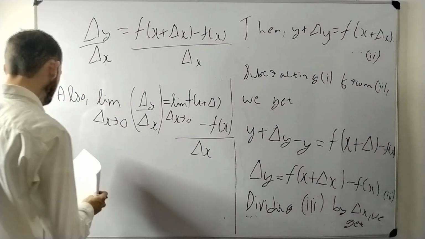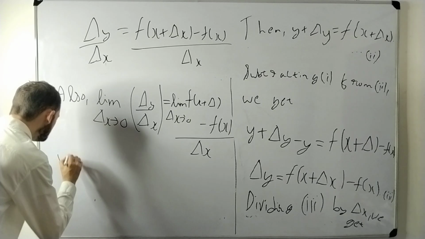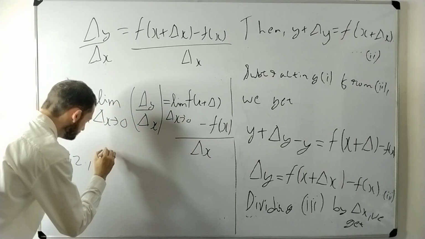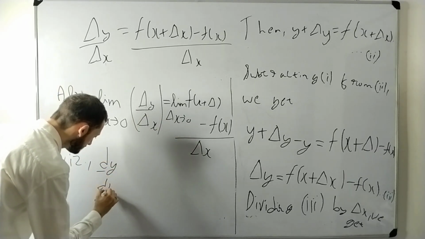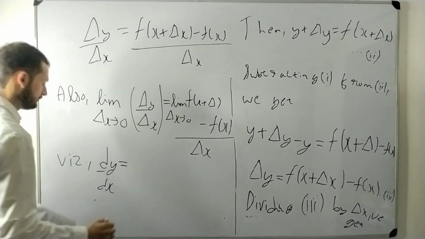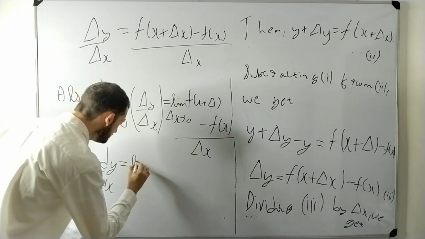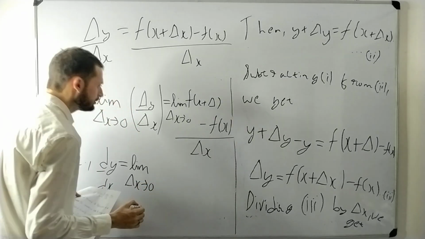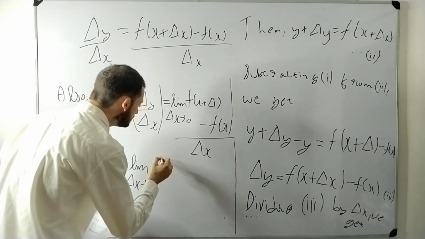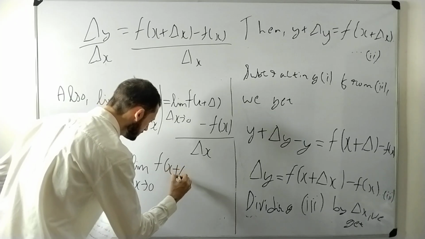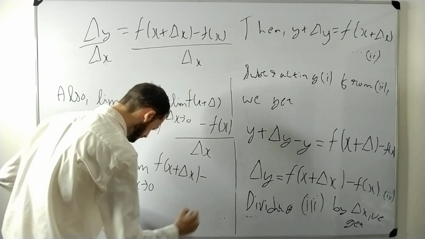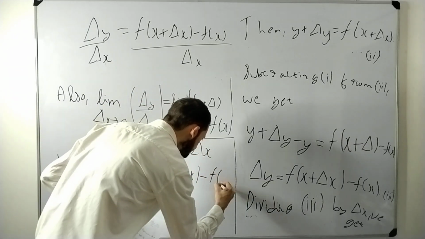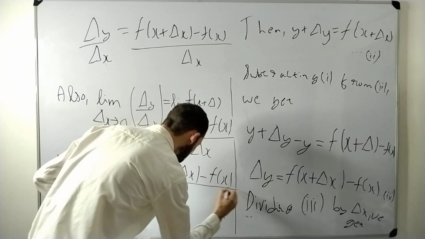So this is what dy by dx is. I would write dy by dx as limit del x tends to 0 of function of x plus del x minus function of x, over del x.